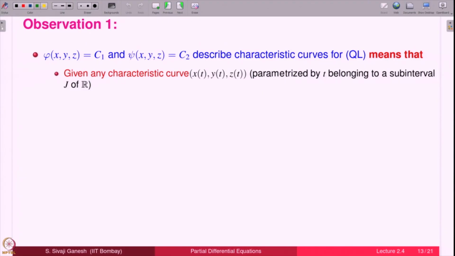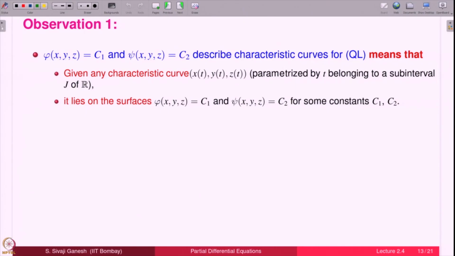It means that given any characteristic curve x t, y t, z t parameterized by t belonging to some interval J of R, x t, y t, z t satisfies both the equations. What are the equations? Phi of x t, y t, z t equal to C1 and psi of x t, y t, z t equal to C2. It lies on these surfaces. Okay. That is the meaning of saying this and this together describe a characteristic curve. It means if you have characteristic curves, they lie on the intersection of these two surfaces.